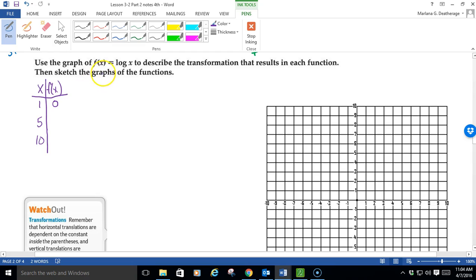Because your base is 10, and if you raised it to the 0 power, you would get 1. Okay? So this is the exponent for the exponential function that goes with it. All right, what about 5? What'd y'all get? 0.7. And then what about 10? 1. Because 10 to the first power is 10. All right, so let's go over here and graph that one.